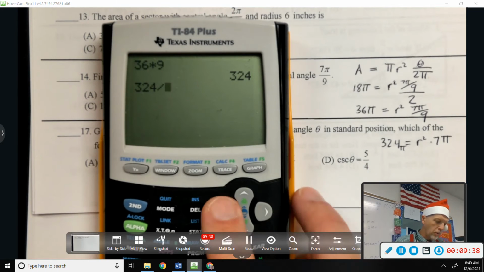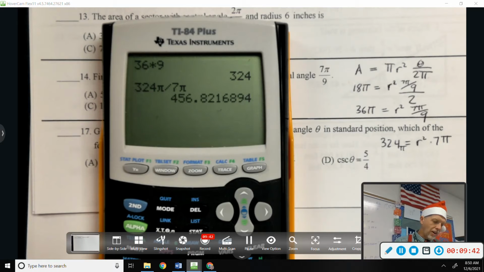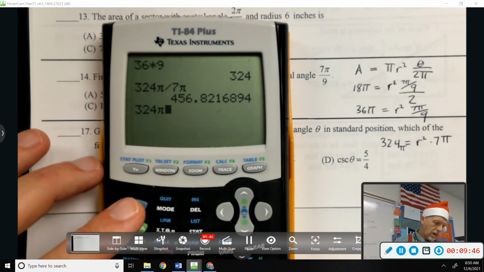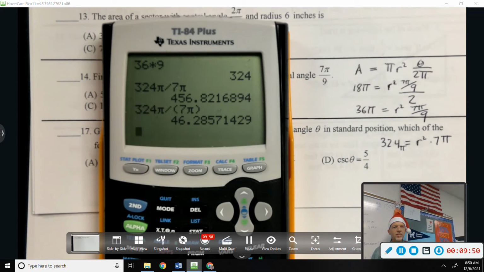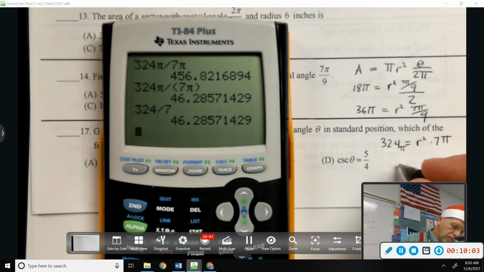That would probably be the wisest way to go, because that answer is not right. I want to divide by 7 pi like that. That's the answer, and those are different. Now you're right. If you were smart, you'd get rid of the pi's on your own and just do 324 divided by 7 and be fine.